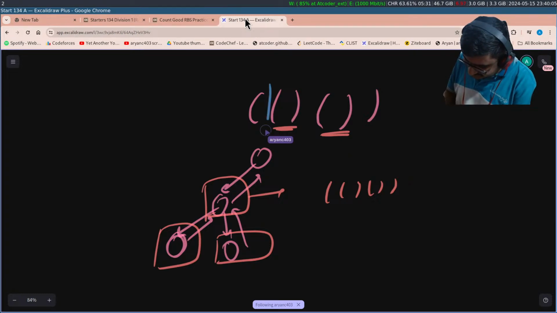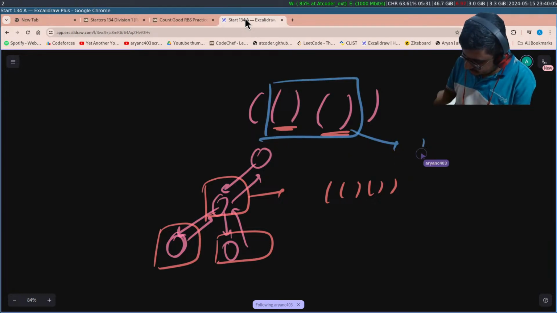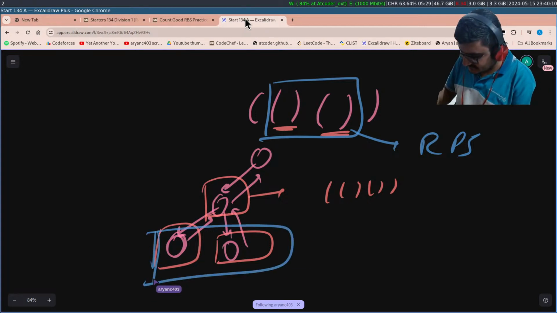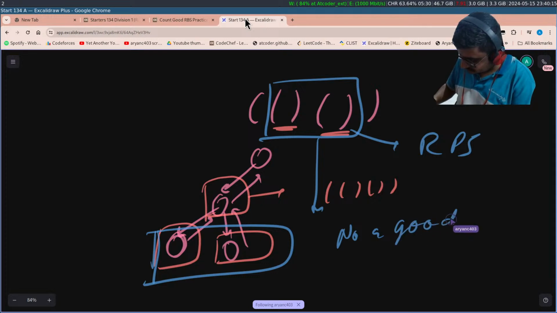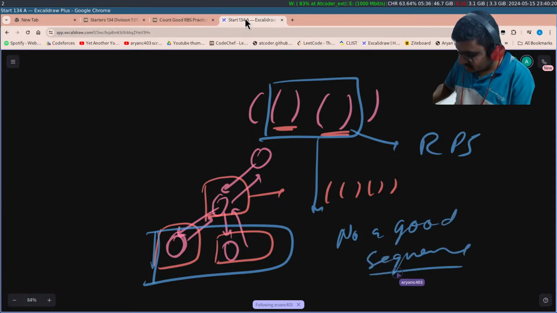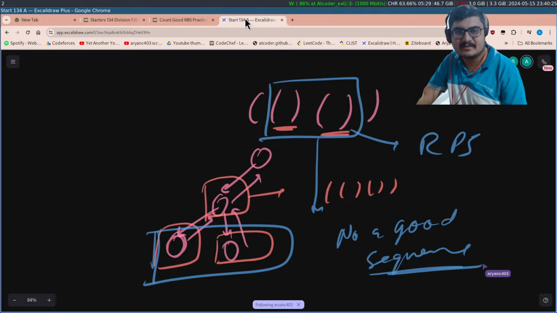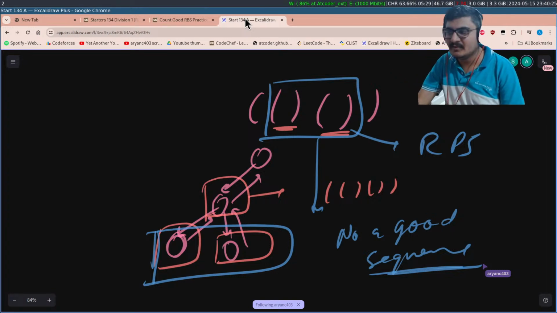This string here is a regular bracket sequence which consists of only taking children here, but it is not a good sequence. Playing around here, you will boil down to this: in this graph, the subtree of each node corresponds to a good sequence, while if you take multiple children, not the parent, and concatenate them, that would be a regular bracket sequence but not a good sequence.